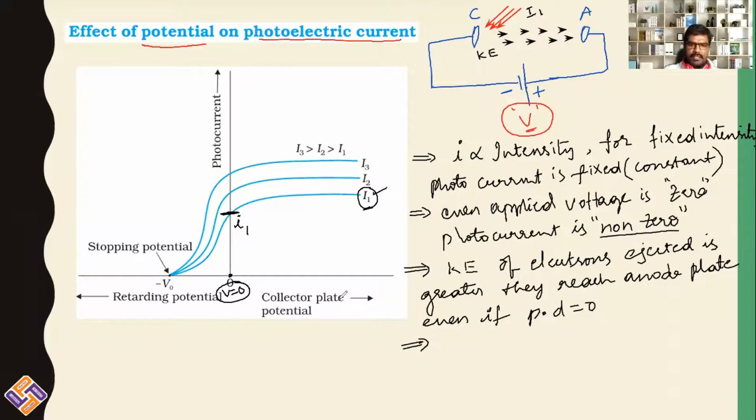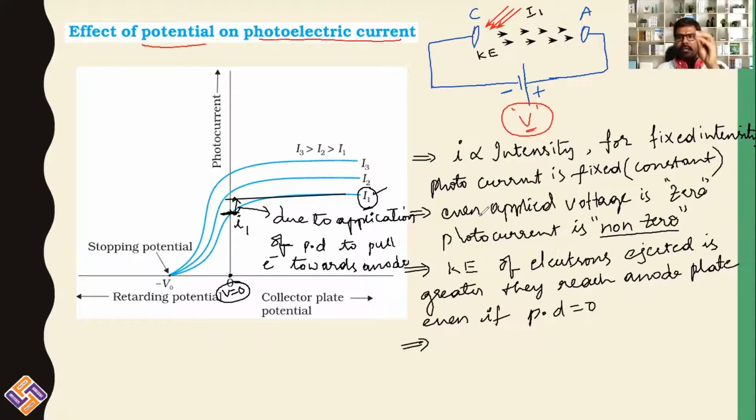So this slight increase is due to the application of potential difference to pull electrons towards the anode.